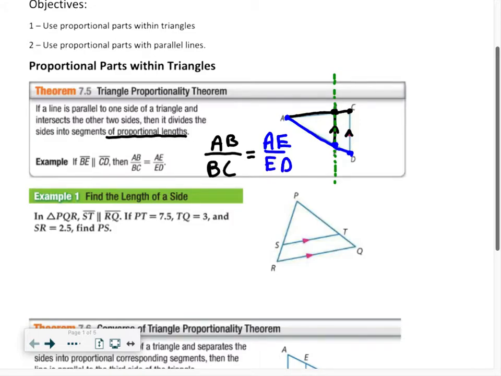Okay? And so that's, again, if BE is parallel to one of the sides, which it was.